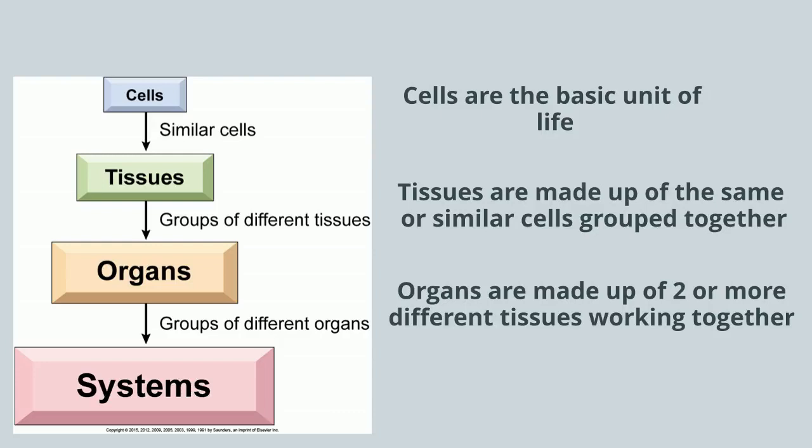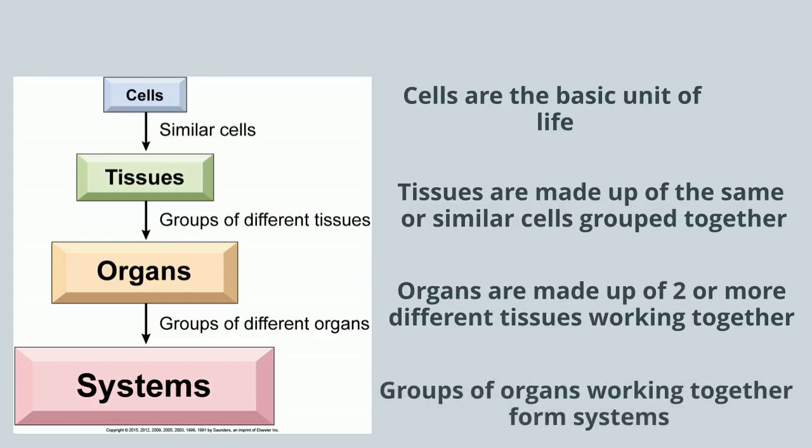The heart, for example, is formed by muscle tissue and nervous tissue and epithelial tissue. Different organs working together to perform a similar function form systems, the systems of the body, and all the systems together form the body. Let's take a look at those body systems.